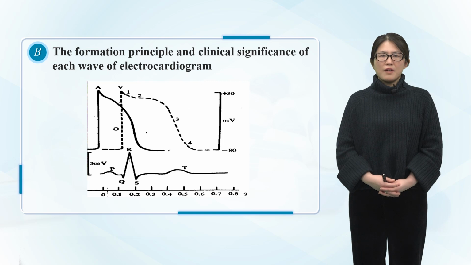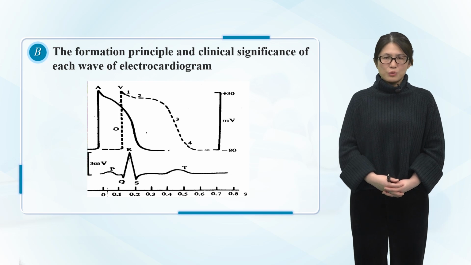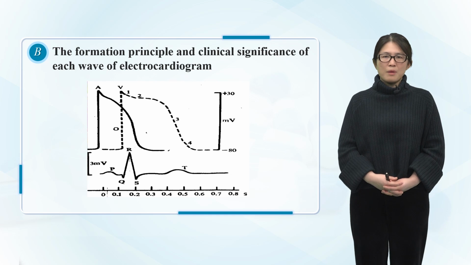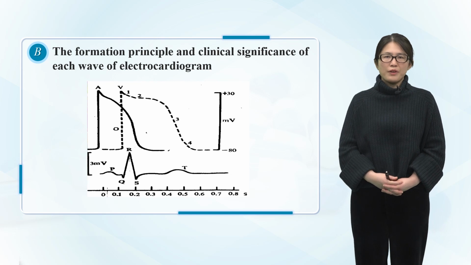A normal body surface electrocardiogram is composed of a set of waveforms, that is to say, a P wave, a QRS complex, and a T wave will appear in succession every time the heart is excited, and sometimes a small U wave may appear after the T wave.